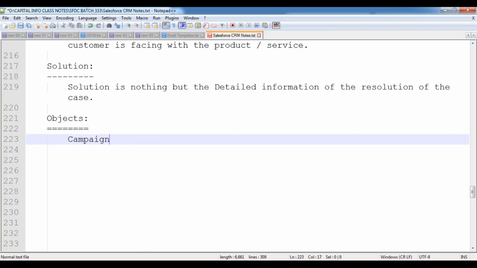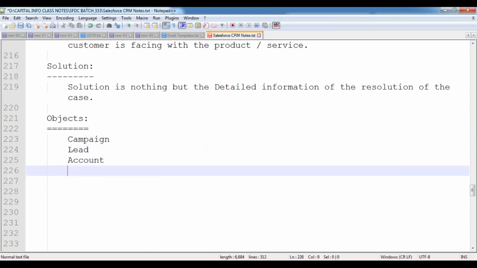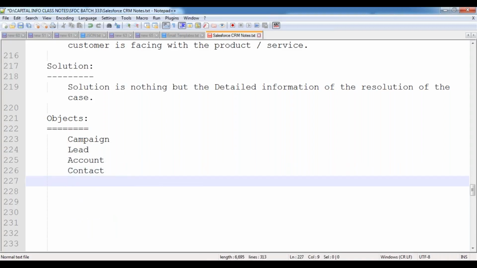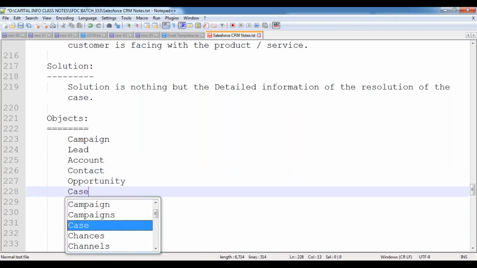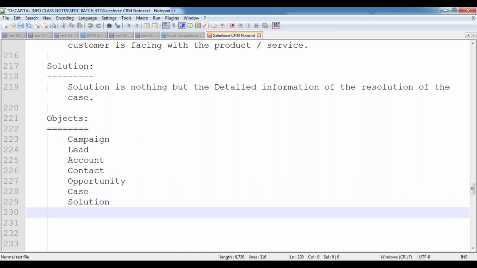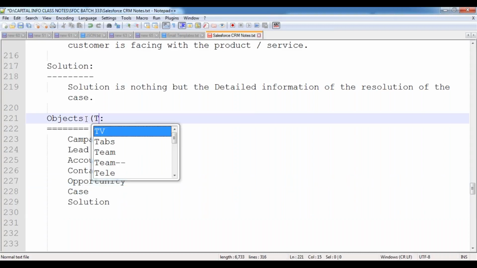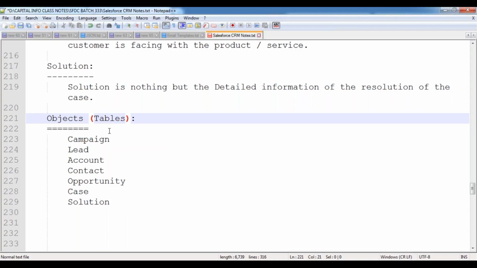We have used the campaign object, lead object, account object, contact object, opportunity object, case object, solution object. Like that, we have so many other objects available. These are all called the objects of Salesforce. Object means what? Tables. Simply we can say tables. In our general terminology, we refer to it as a table, but in CRM terminology, we refer to it as objects.